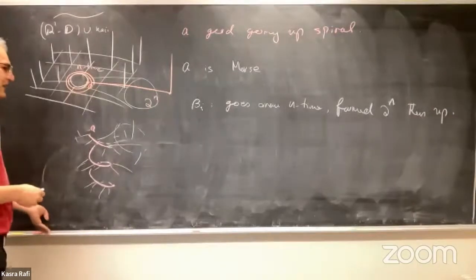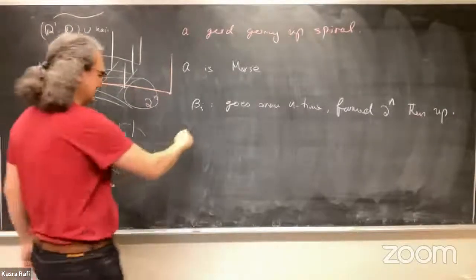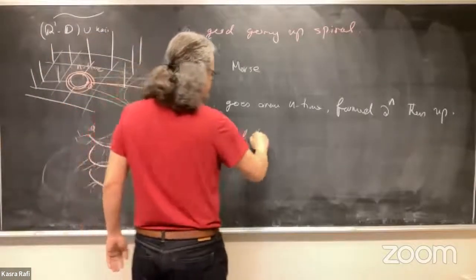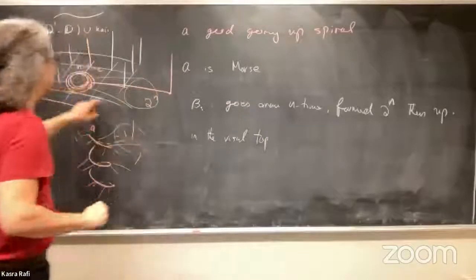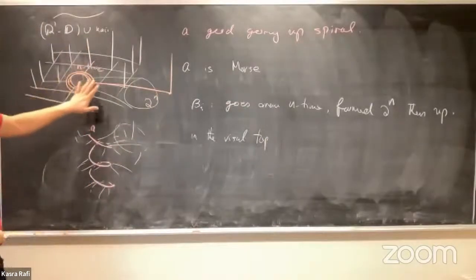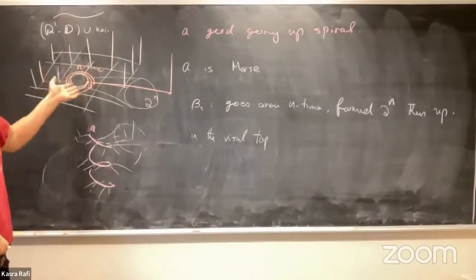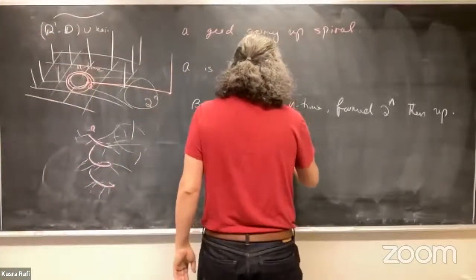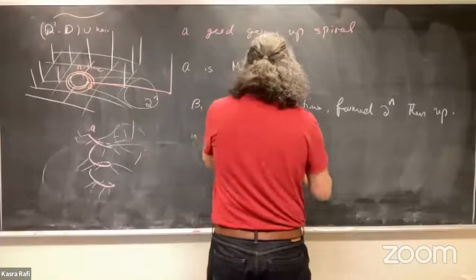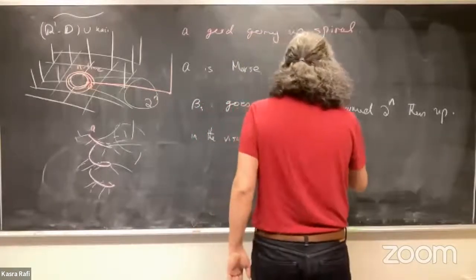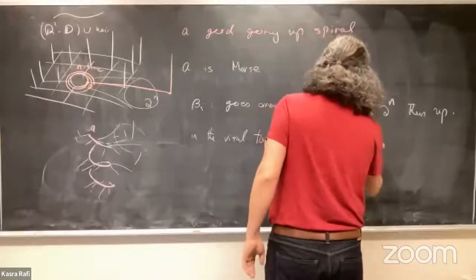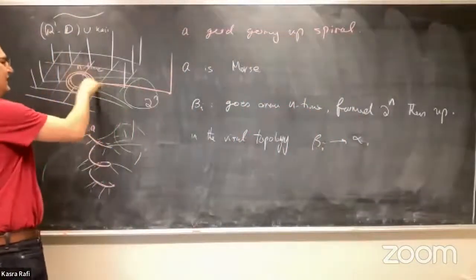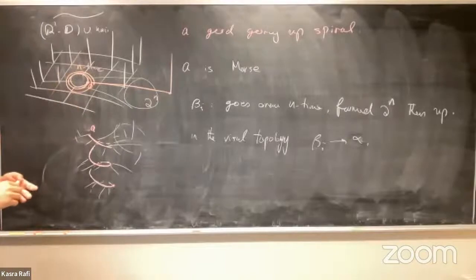All right, if you look at the visual topology, which means I just keep track of how far the beta i's fellow travel alpha, the beta i's seem to be converging to alpha, because alpha goes around the whole time, and these go around the whole time.